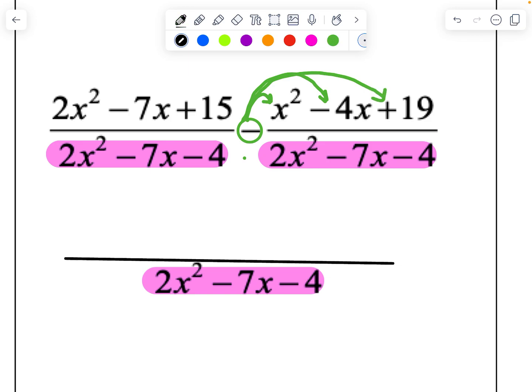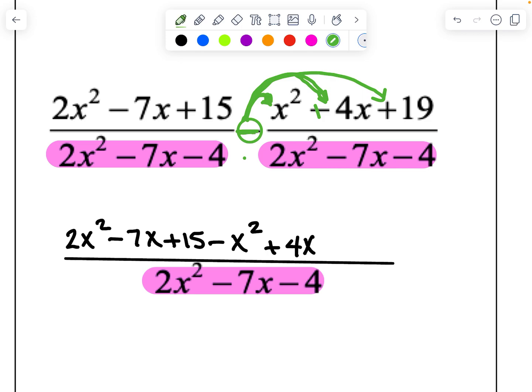So if we write our numerators down, our numerator is 2x to the second minus 7x plus 15. But then this negative sign right here is going to make this x squared a negative x squared. And that same negative sign is going to take the already negative 4x and make it a positive 4x.